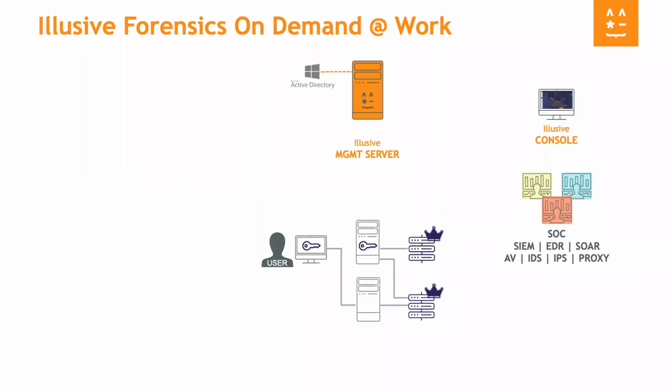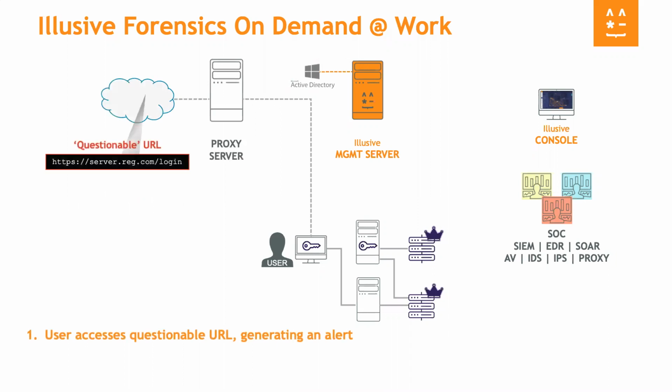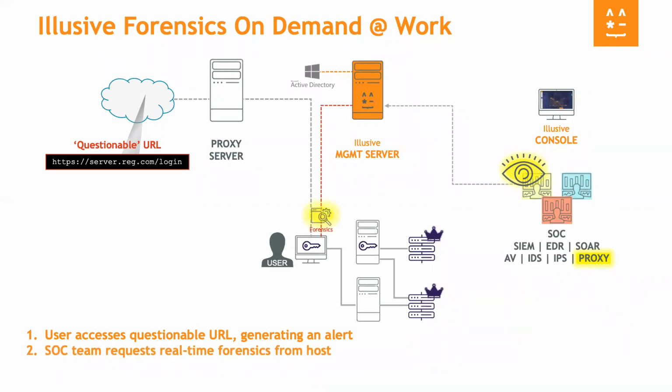So the forensics on demand works like this. You have an Illusive management server that's connected to your Active Directory. When a user triggers a security event, for example, they go to a malicious website and your SOC team gets an alert from either their EDR, SOAR, proxy, IDS, AV system, or SIEM, then they'll be able to trigger an API forensic call into Illusive.